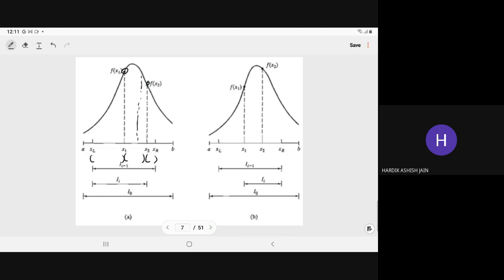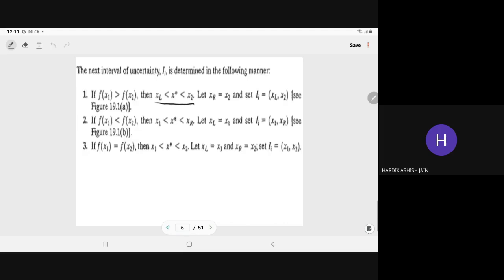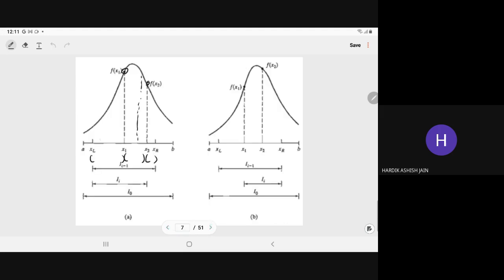So to narrow the interval of uncertainty where the optimum point lies, we always have to take the interval xl to x2, so that you never miss the optimum point.